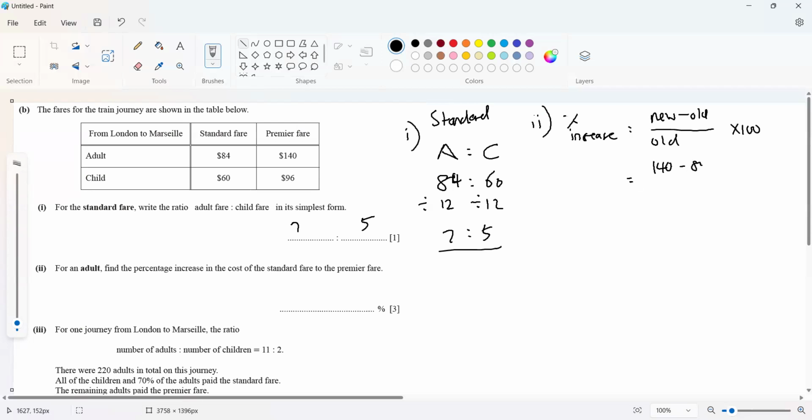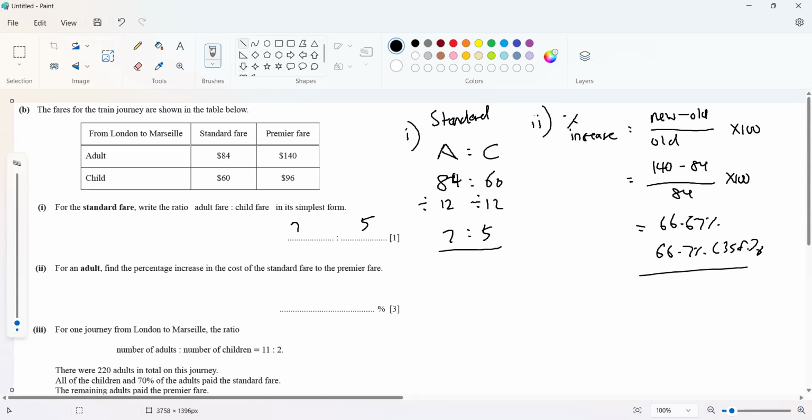So 140 minus 84, whole thing divided by 84, multiplied by 100. So that would be 66.67% increase. Or in other words, 66.7% increase to three significant figures. Right. So this is in part 2.